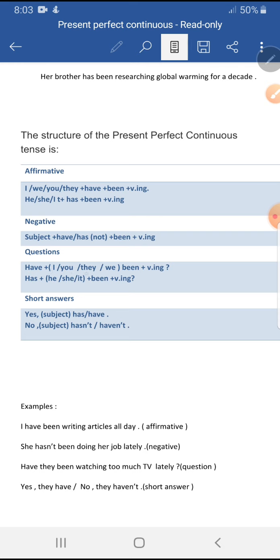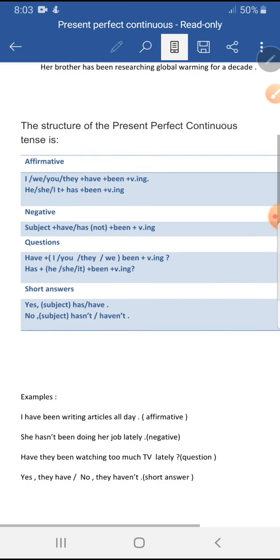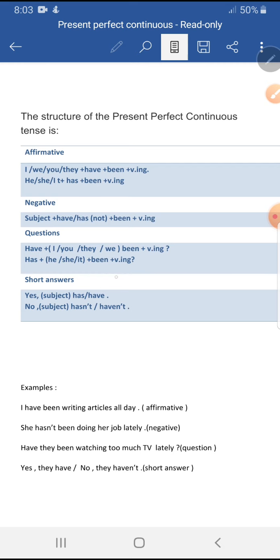Have, I, you, they, we plus been plus verb plus ing, and we add a question mark at the end. And we start with has if we have he, she, it plus been plus verb, and we add ing to the verb, and at the end we add a question mark.